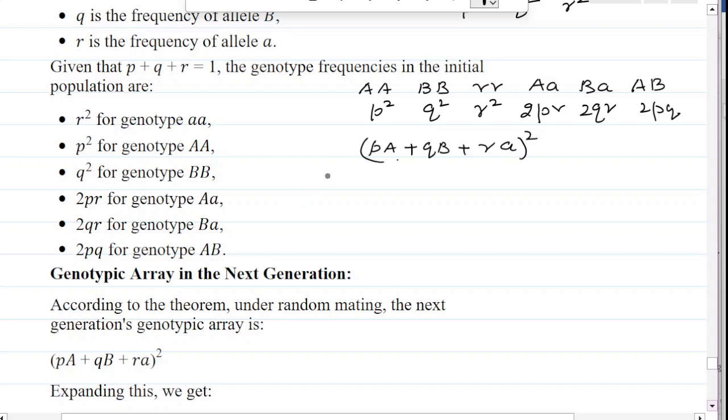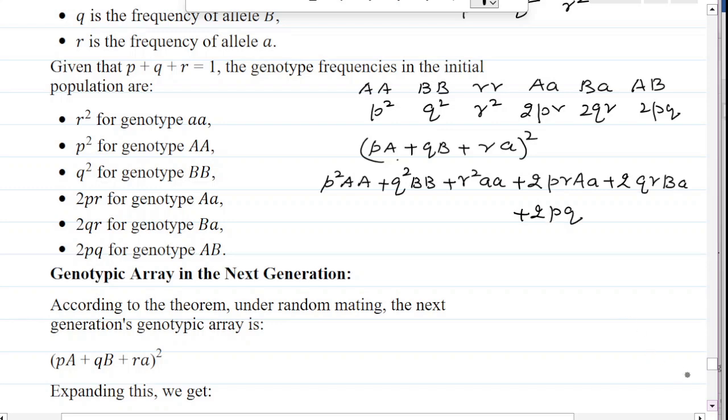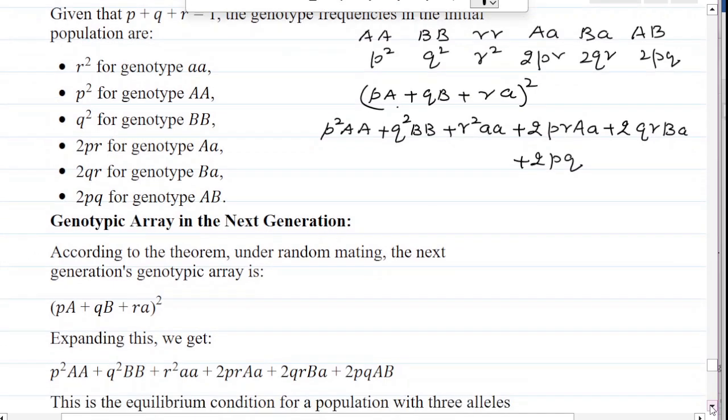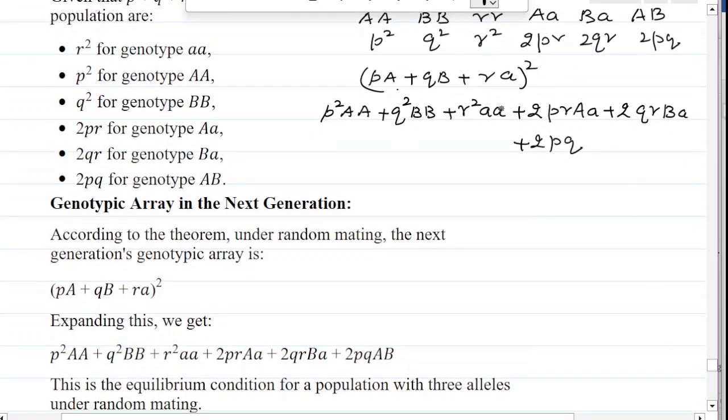What I will get is p square AA plus q square BB plus r square small a small a plus twice pr capital A small a plus twice qr B small a plus twice pq AB.